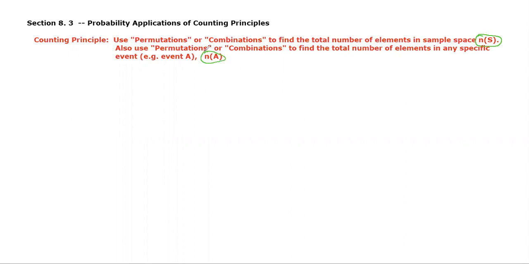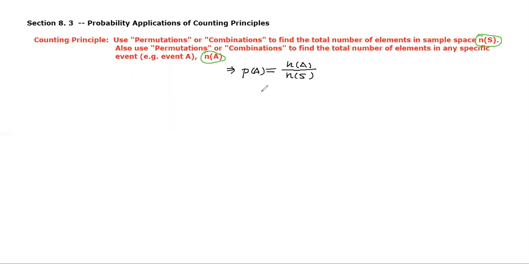So I don't care what the elements are anymore; I'm just trying to find how many. Based on this counting principle, the probability of A is the number of elements in the event divided by the number of elements in the sample space. It's pretty simple.